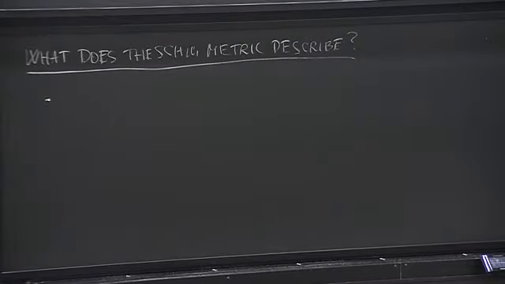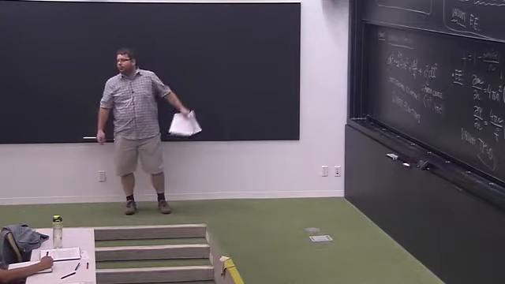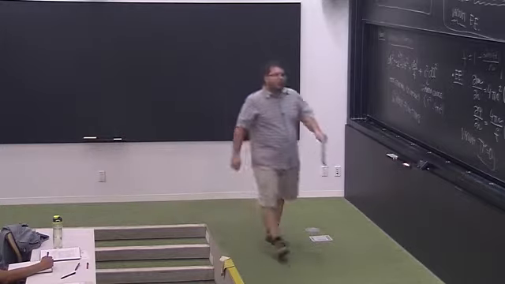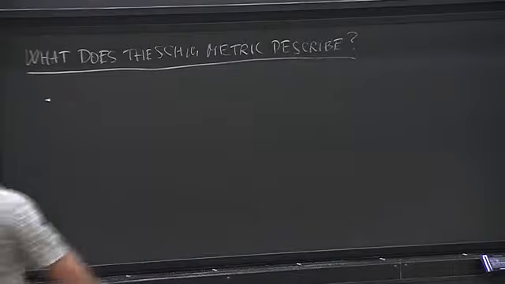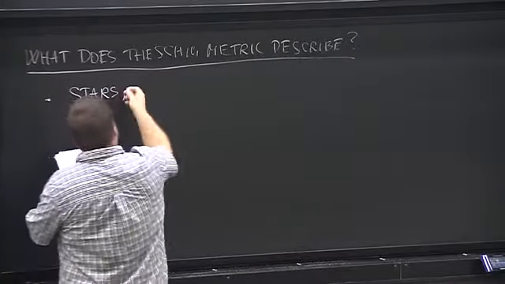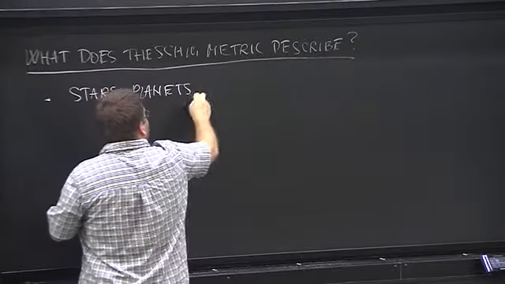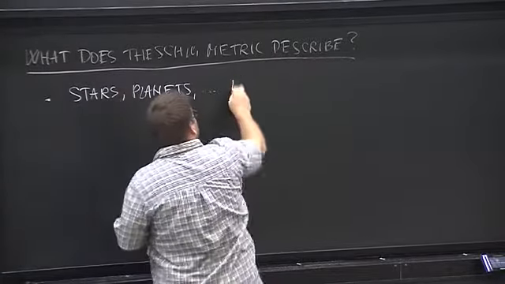And so we know that if you are in the spherical symmetry case and you are in vacuum, this has to be the solution. So namely, if I have a star which is spherically symmetric, like stars and planets and whatever, what I mean by this is the metric outside.